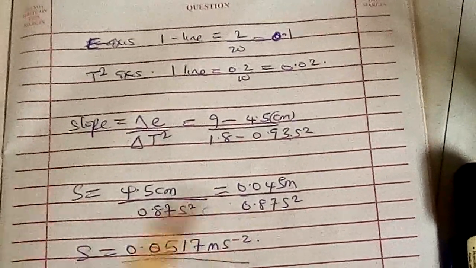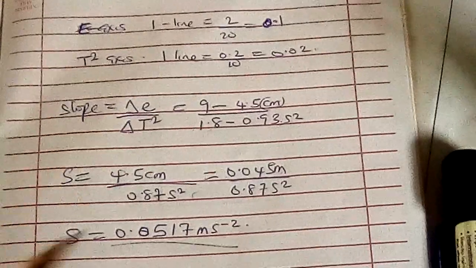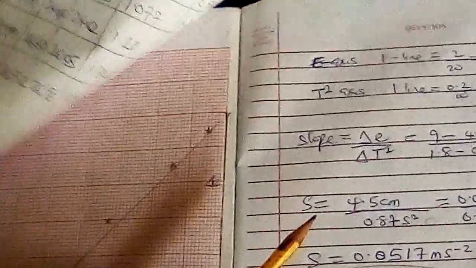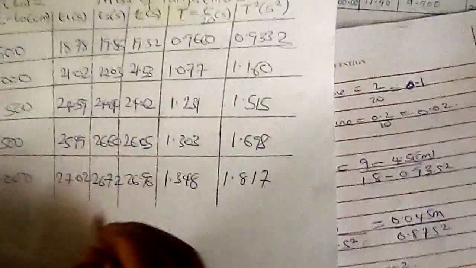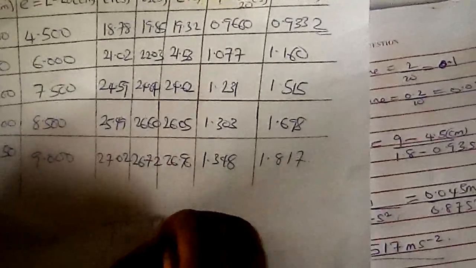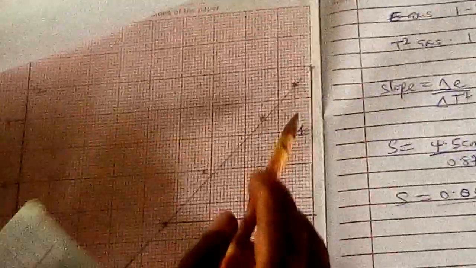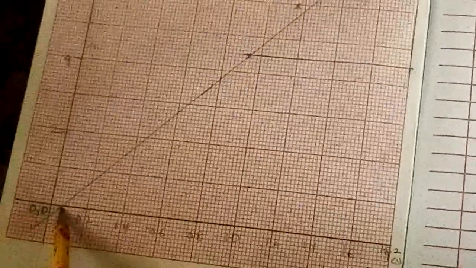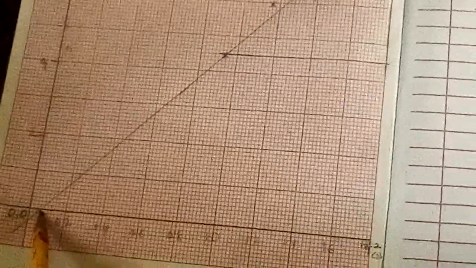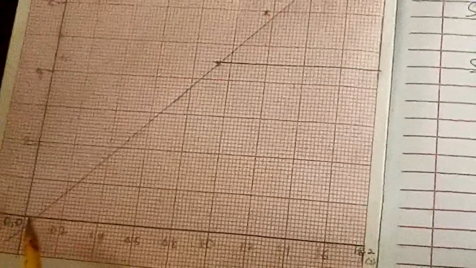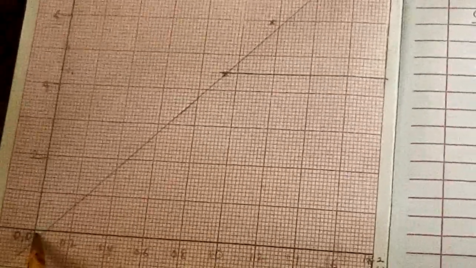So next, we're going to the next graph. You can get it from this relationship. The next graph will be the graph of T squared, the square of the period, versus mass. In case we are asked to find the intercept, you can still find your intercept on the horizontal axis. In this graph, the intercept on the horizontal axis, you read it, 0.02, 0.04, 0.06.